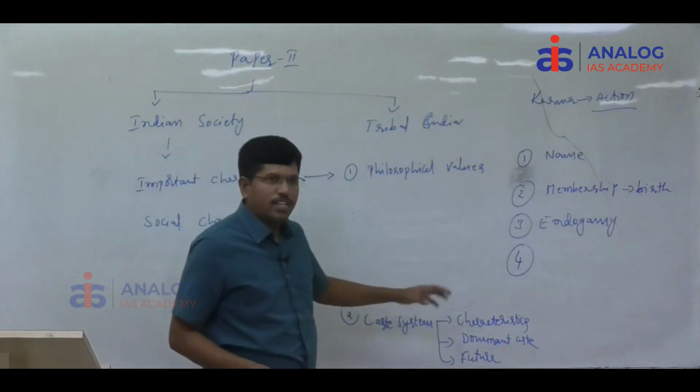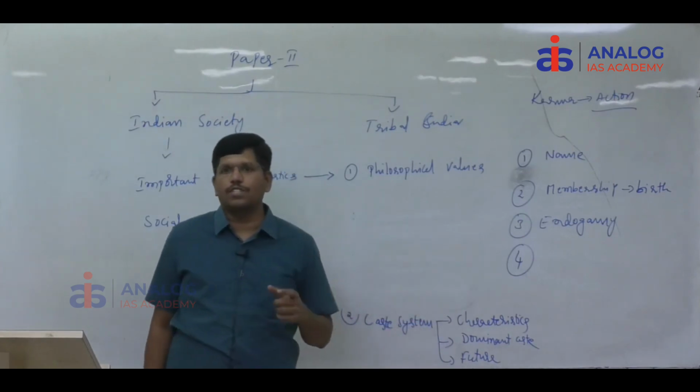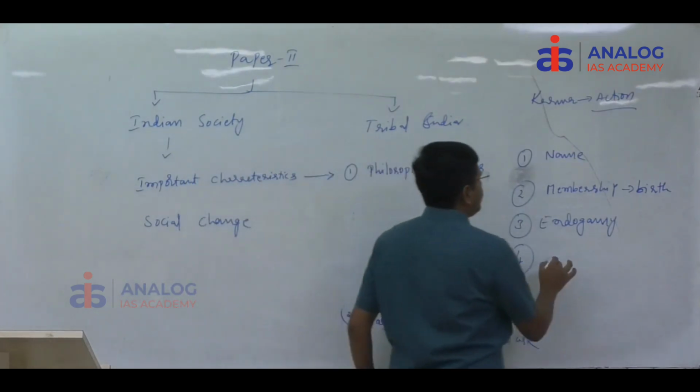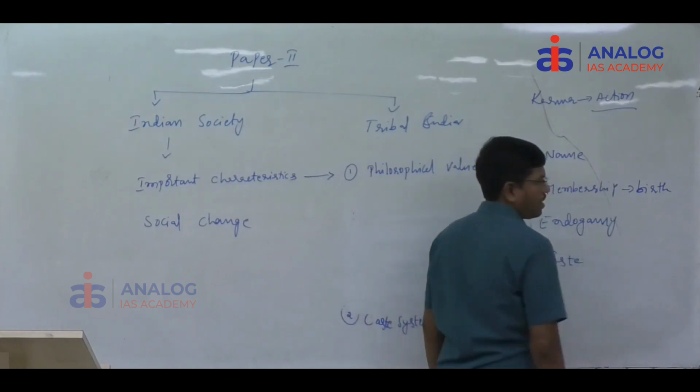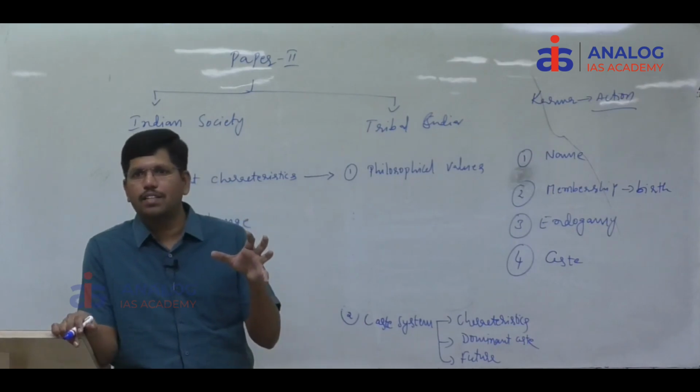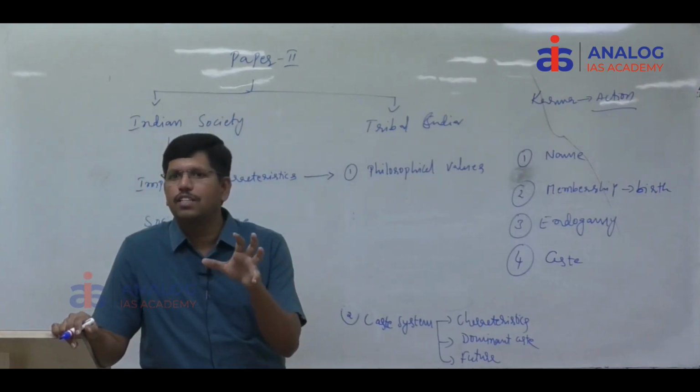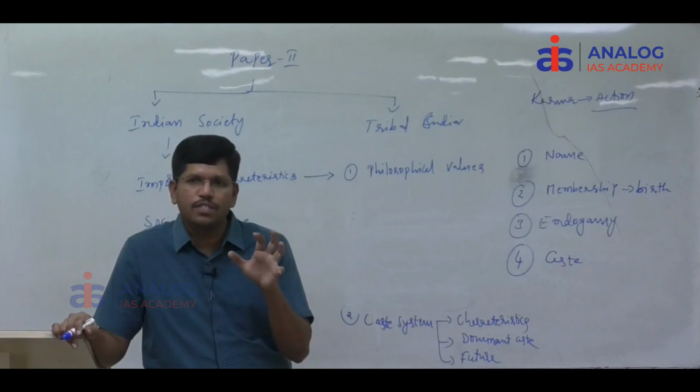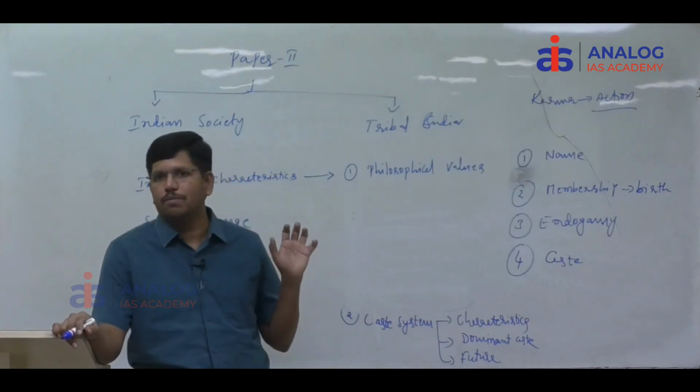As this, here itself I will tell one more characteristic, caste councils. To enforce the norms and customs of each and every caste, there are caste councils. The elders of a particular caste form one caste council to settle disputes or to enforce the norms and customs of the society among its members.